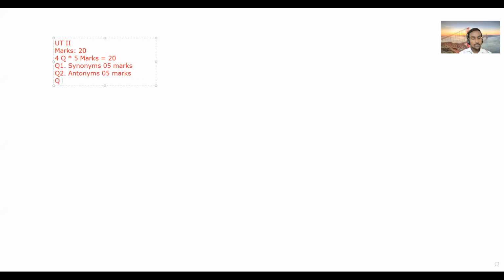Then let's go with question 3, which is based on adjectives, specifically degrees of comparison. If it is positive or comparative, you have to choose it from the given options. This is also going to be for 5 marks, and the questions are quite simple.